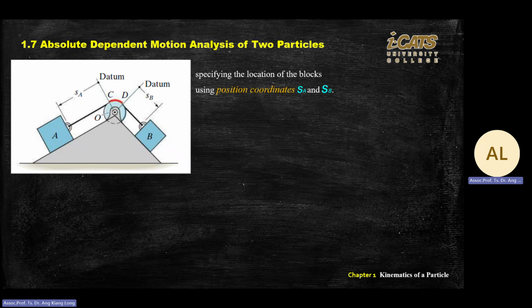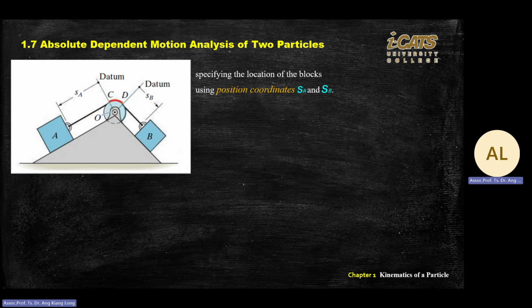Okay, the rest is okay. Again, if A and B have the same mass, the object won't move. If A is heavier than B, A will pull B. What is the sign for sA, positive or negative?